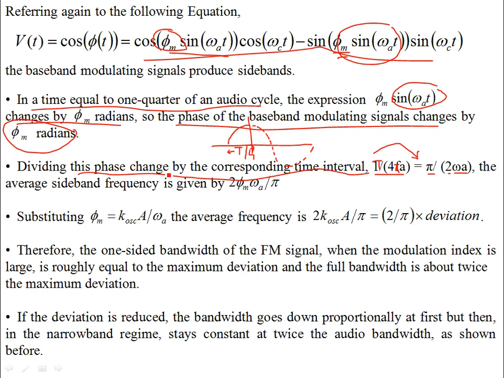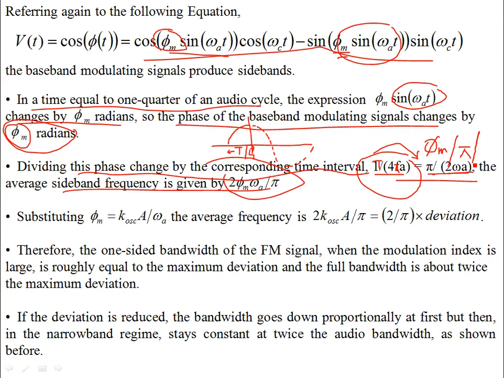So if you divide this phase by the quarter time interval, the average sideband frequency in radians per second is this much. We divide phi m by pi divided by twice omega a.